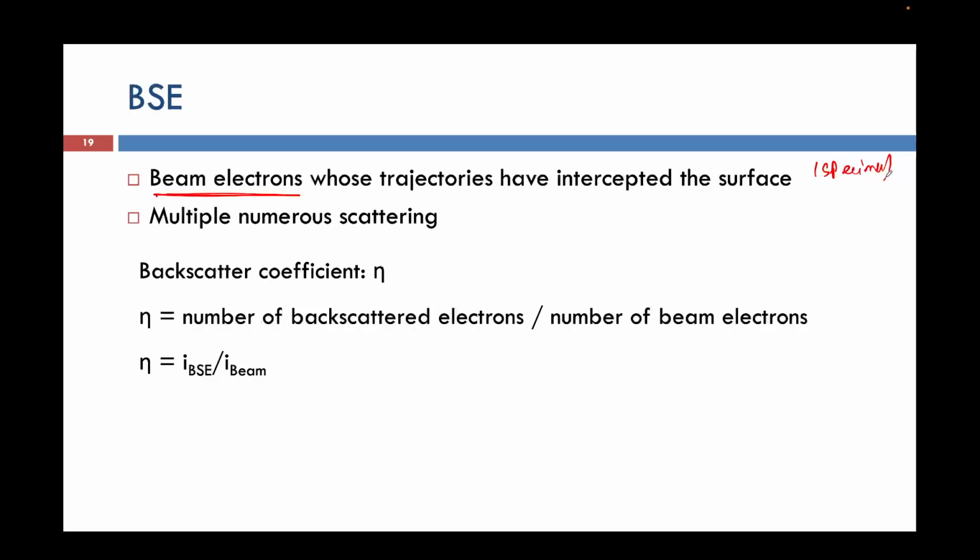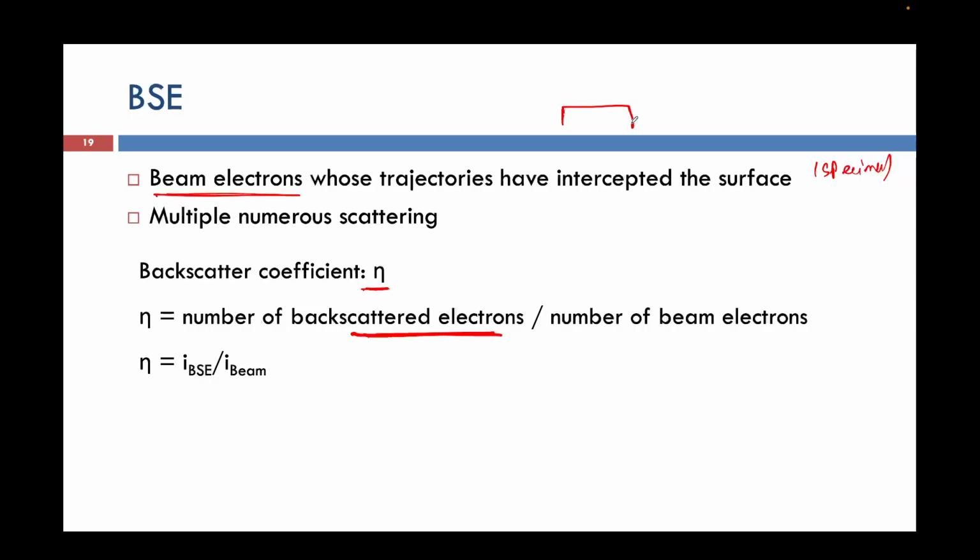In fact, many come out, but there is a chance that a fraction of the incident electron beam might be lost in the sample forever, right? And to see the amount of backscattered electrons that we are getting, there is a term called the backscatter coefficient, which is given by eta, which is the ratio of the number of backscattered electrons that you are getting.